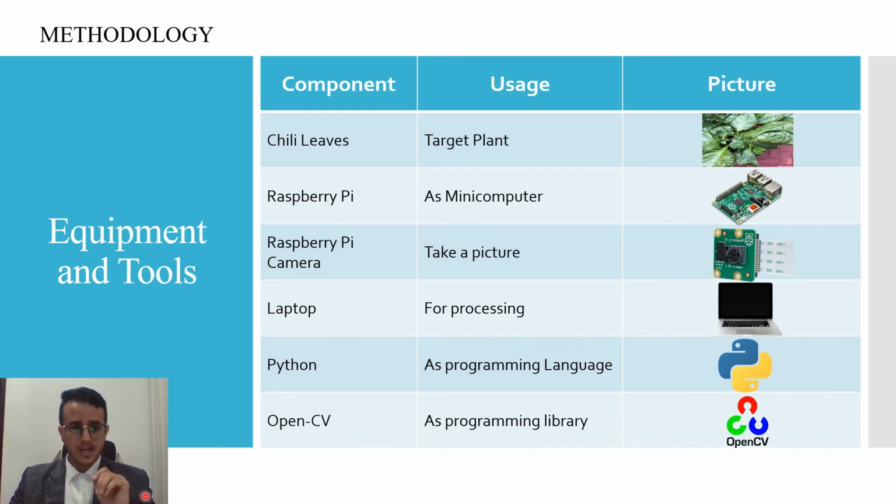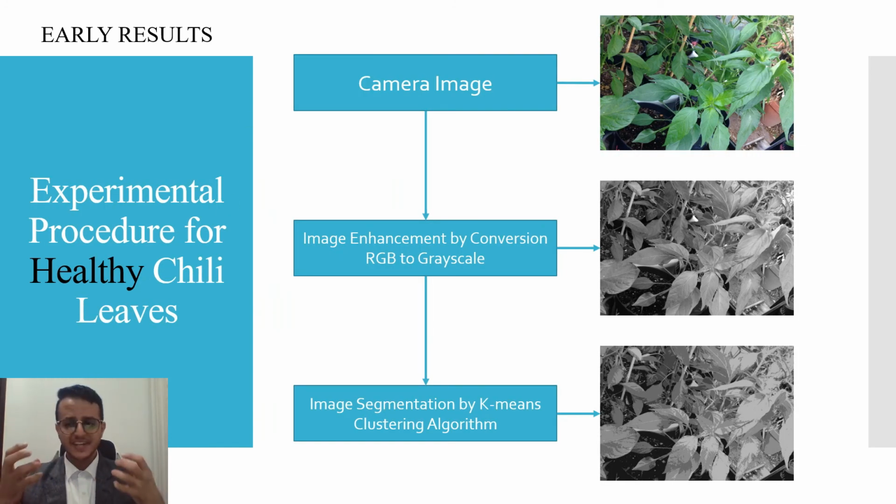These are examples of equipment and tools used in this project, such as chili leaves, Raspberry Pi board, Raspberry Pi camera, laptop, Python language, and OpenCV libraries. The early results which were done at this time of the project are image acquisition, image enhancement, and image segmentation.